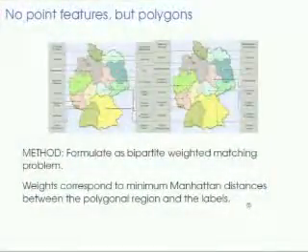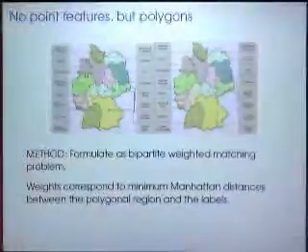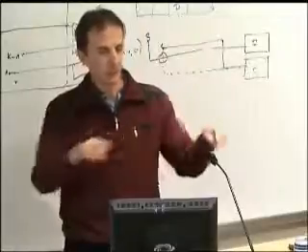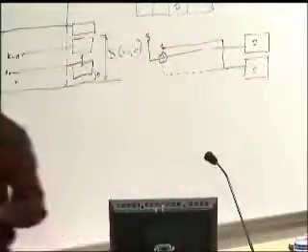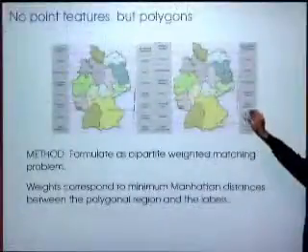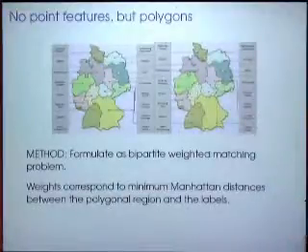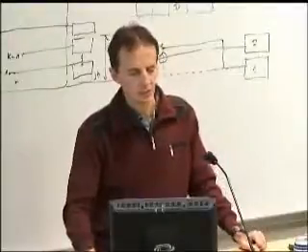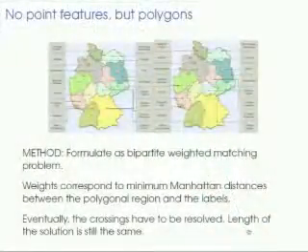So in the weight, you have to compute the minimum Manhattan distances between the polygonal region of Bavaria, this rectangle, and that label, and that label, in the formulation as a bipartite weighted matching problem. But this also works.